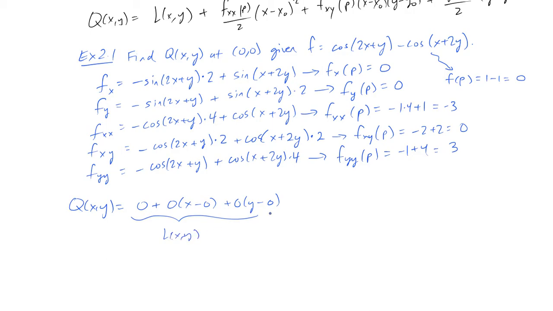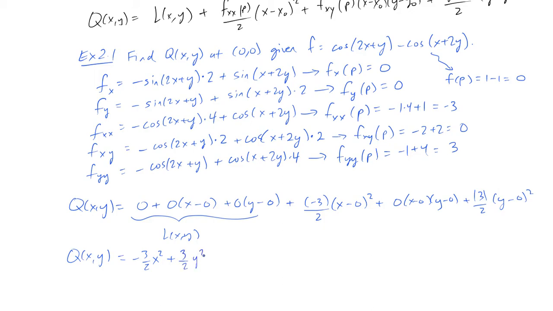It's all zeros. And then we add the quadratic terms. So we get negative 3 over 2 times x minus 0 squared, plus 0 times x minus 0 times y minus 0, plus 3 over 2 times y minus 0 squared. So my quadratic approximation simplified is negative 3 halves x squared plus 3 halves y squared.